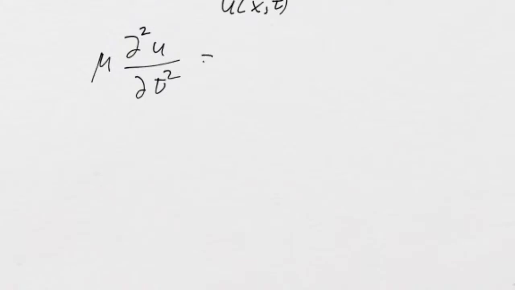The normal wave equation has T times the second partial of u with respect to x squared, and the damped wave equation adds a term gamma times the partial of u with respect to t.